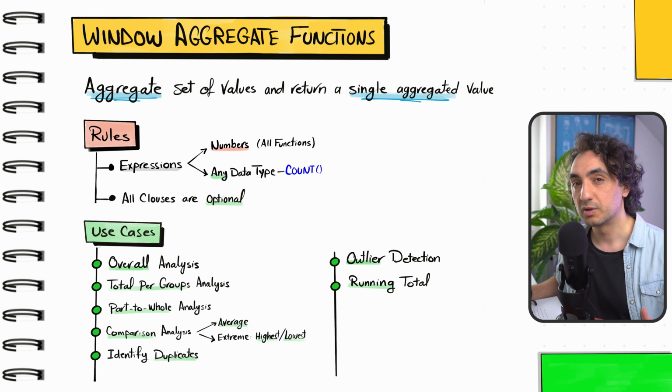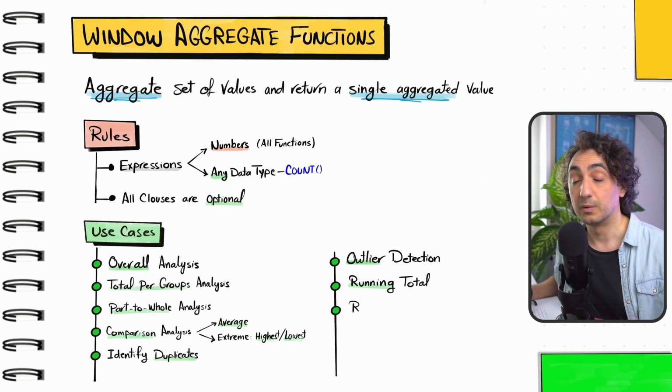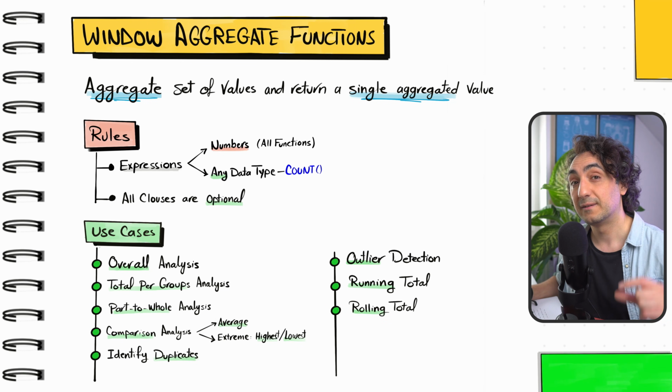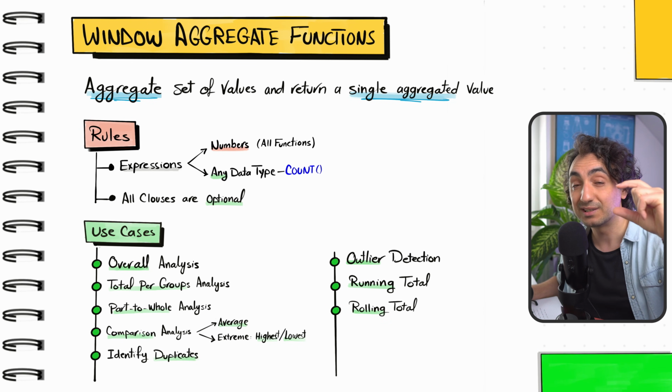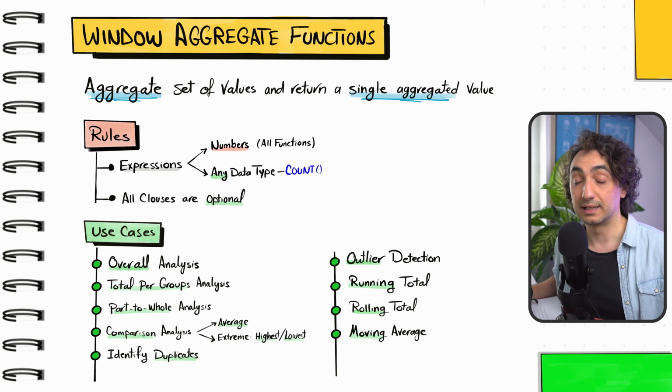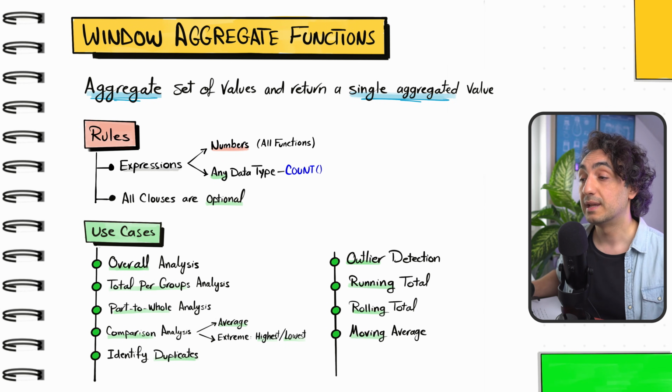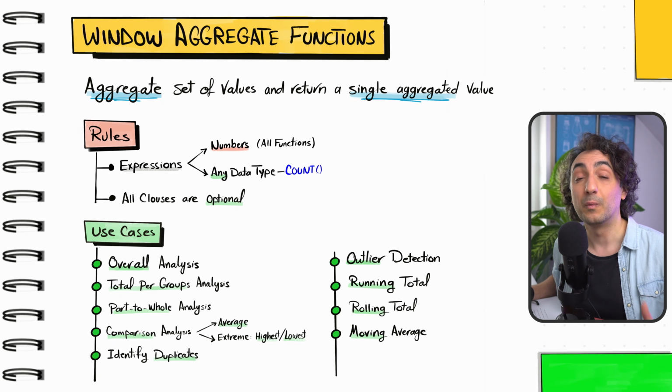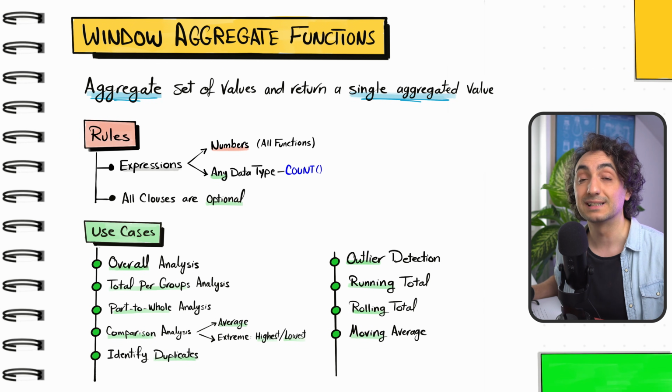Or if you want to be more specific, you can use the rolling total to have a specific window and only track this window, like 3 months or something like that. And the last use case, we can calculate the moving average of our data. So it's really amazing how order by and aggregate functions can open for you a door to advanced analyses. So guys, as you can see, we have a lot of use cases for the window aggregate functions in the world of data analytics.